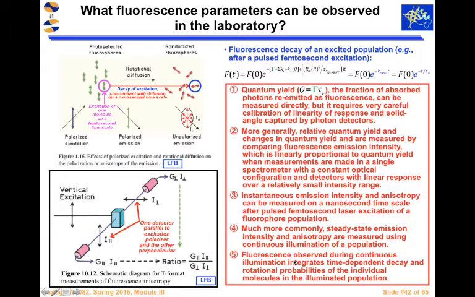We can figure that out by considering the fact that the fluorescence observed during continuous illumination integrates the time-dependent decay and rotational probabilities of the individual molecules in the illuminated population. Basically, when we do steady-state experiments, we're integrating all these molecular processes that occur between the excitation of individual fluorophores and the emission of fluorescence.